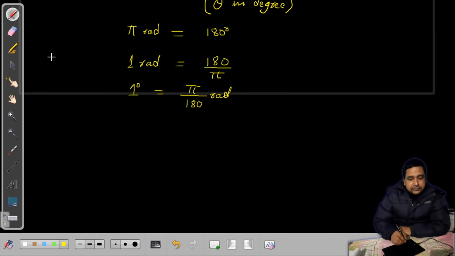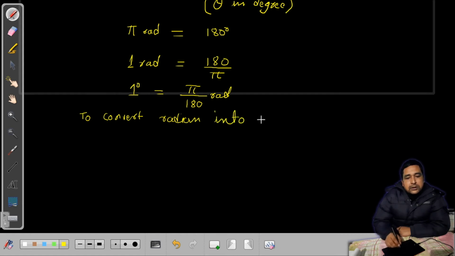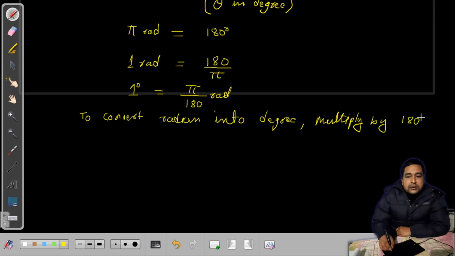Now there is a formula to convert radian into degree: multiply by 180 divided by pi.